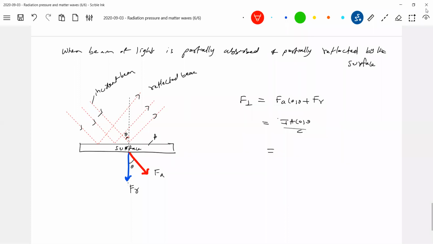Please don't derive it again, since we know it already. This will be the reflection coefficient R, and the force is equal to A cos square theta by C, 2IA. 2 will be there. So IA cos square theta by C, take A outside, plus 2R.